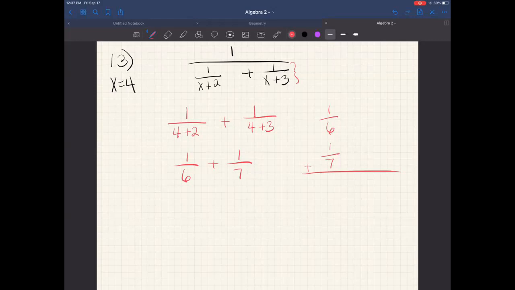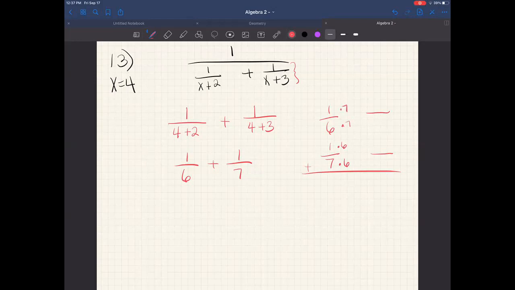Okay. Now, I need to get my common denominator. So what number do 6 and 7 have as their common denominator? 42, right? 6 and 7 don't have anything in common unless they're multiplied by each other. So I have to multiply this by 6. And remember, what I do to the top, I do to the bottom.